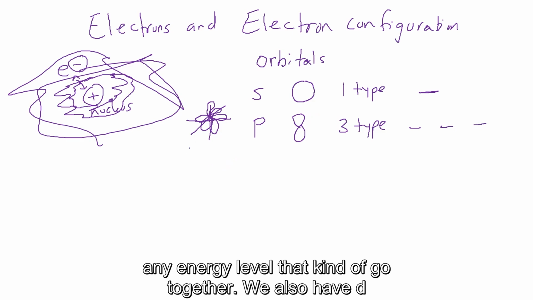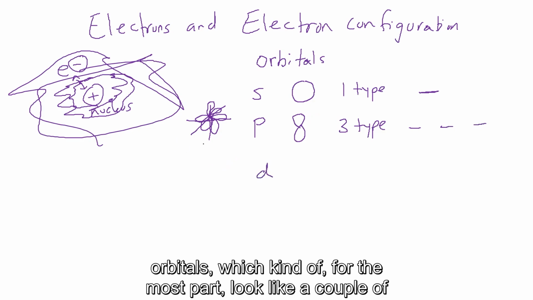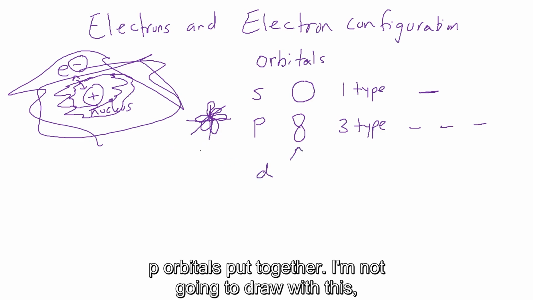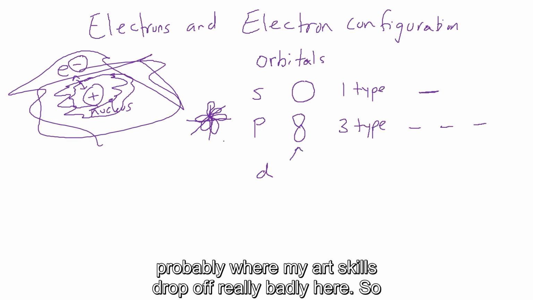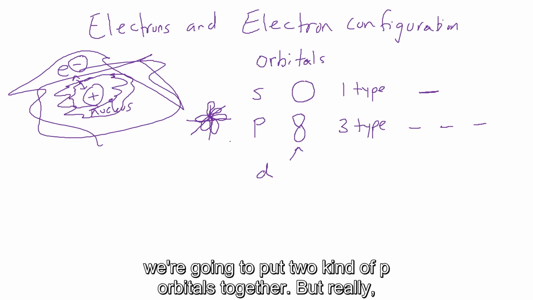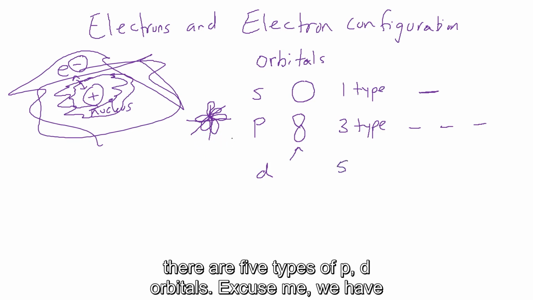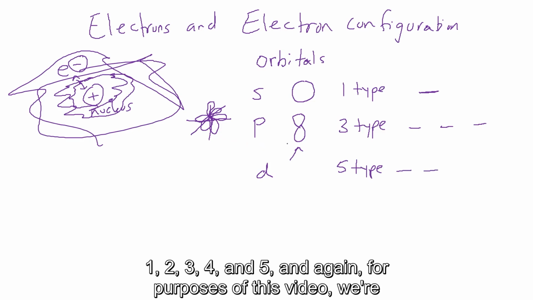We also have d orbitals, which for the most part look like a couple of p orbitals put together. I'm not going to draw this, probably where my art skills drop off pretty badly. So we're going to put two p orbitals together, but really there are five types of d orbitals, excuse me. We have 1, 2, 3, 4, and 5.